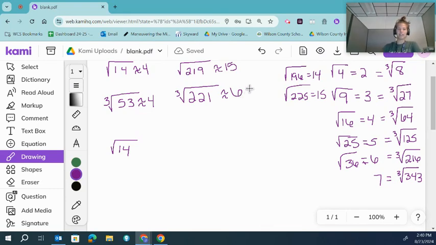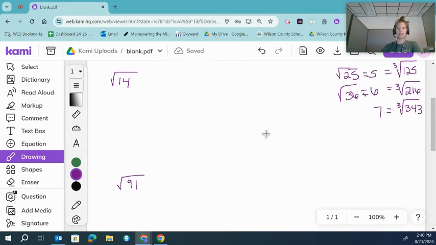Now down here, we're going to talk about estimating to further out decimals, estimating to the tenths and hundredths place. And we are going to use fractions to help us do that. The first thing we're going to do is still find what two numbers each of these falls between.